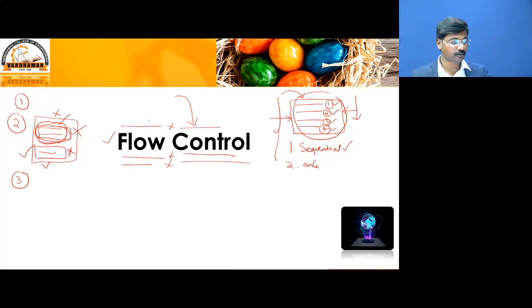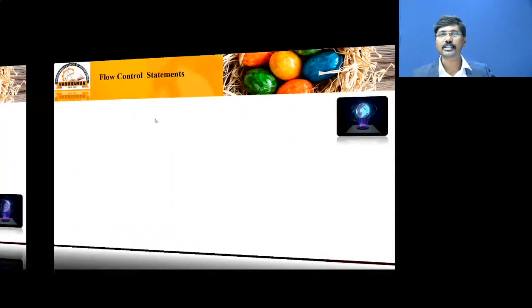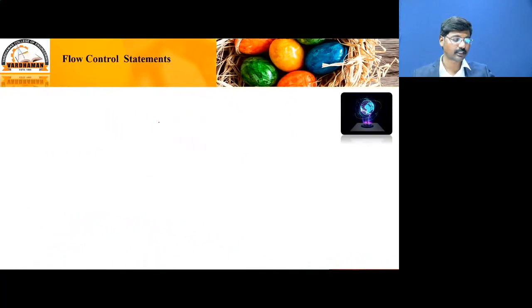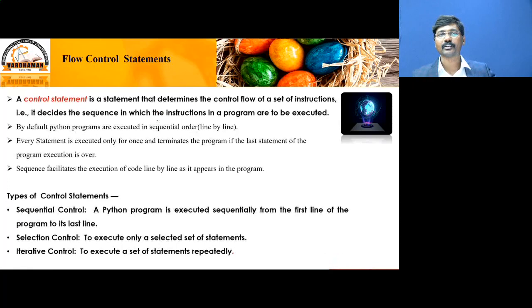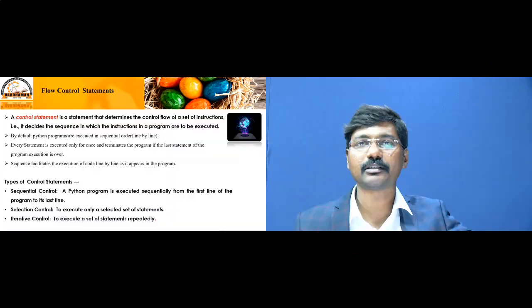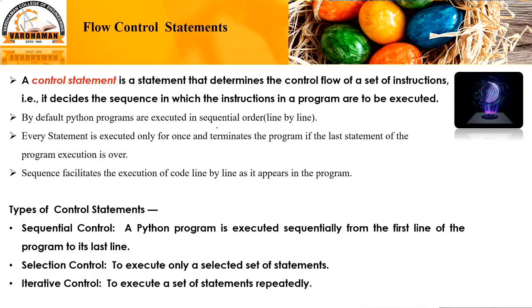Flow control determines the block of statements that are to be executed depending on the condition. If the condition is true, a certain block of statements is executed. If the condition is false, a certain block of statements is not executed. As simple as that. Flow control statements are of different types: one is sequential control, another is selection control, followed by iterative control.